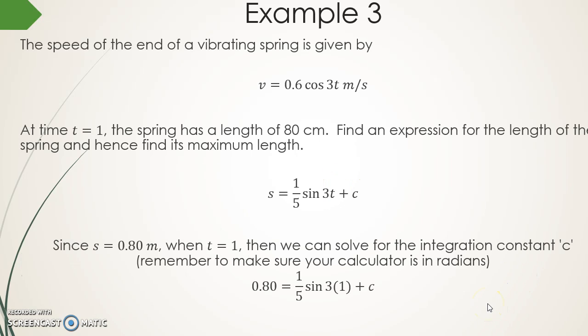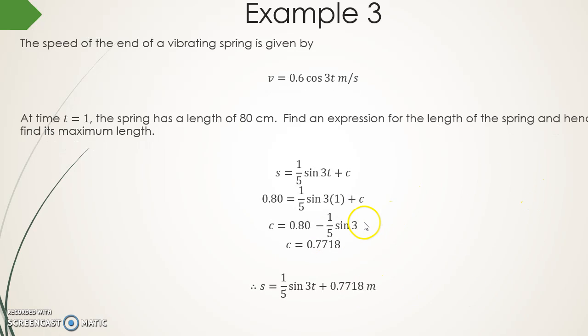So we can sub this into our equation: 0.8, which is our displacement, equals 1/5 sine 3 times 1 plus c. Rearranging and solving for c, we have c equals 0.8 minus 1/5 sine 3, which is 0.7718. So our equation for the displacement is 1/5 sine 3t plus 0.7718.